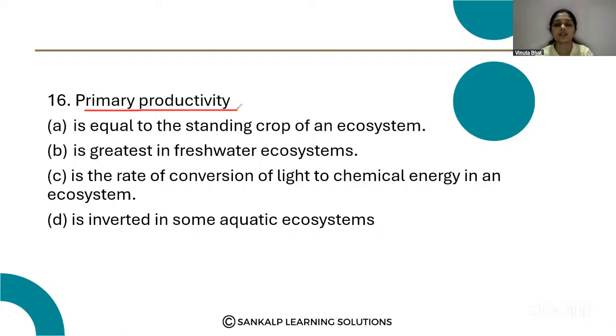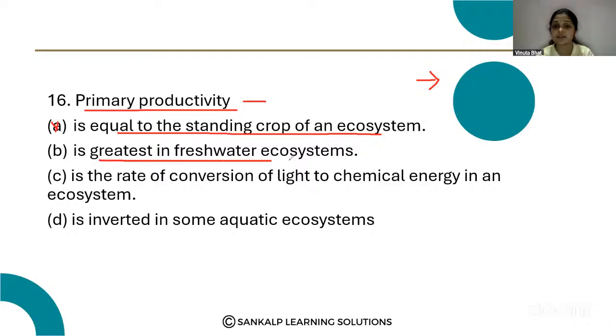Primary productivity means total organic matter produced by the plants. Standing crop of an ecosystem means the total amount of organic matter available in each trophic level at a particular time period. So it is not equal to the standing crop of an ecosystem.